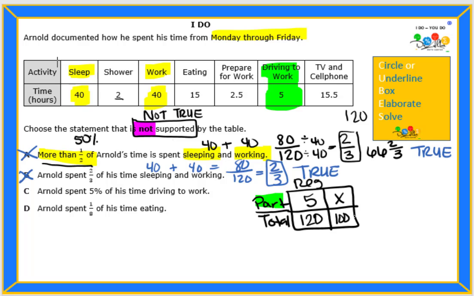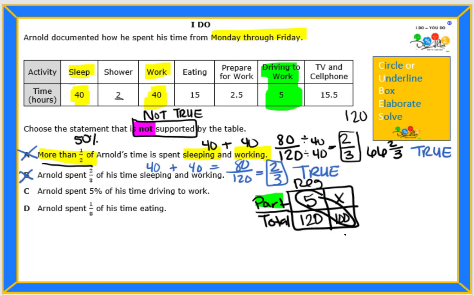They just got confused, and instead of looking at 5 as a regular number of hours, they turned it into a percent just by grabbing it and putting a percent sign. So I don't even have to solve this because I know that if 5 out of 120 is my first ratio, my second ratio has to be less than 5 because 120 is bigger than 100, so 5 will be bigger than x. But just to prove it, we're going to solve it.